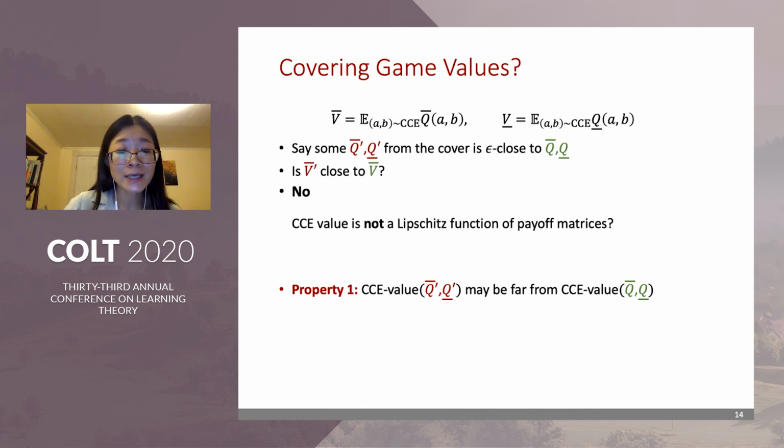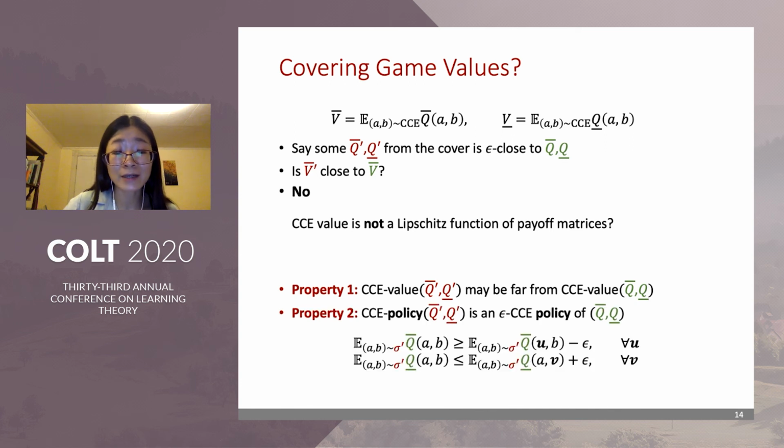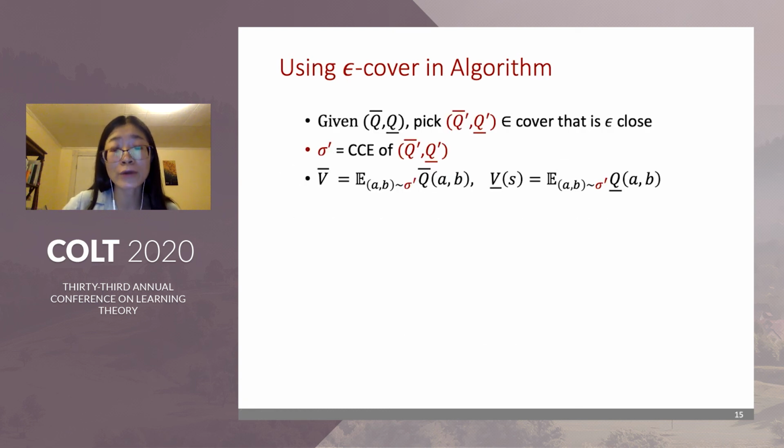Fortunately, the CCE for a general sum game has another property that seems contradictory. That is, the CCE policies of general sum games can be close to each other when their corresponding payoff matrices are close in a certain sense. And thanks to this property, it's sufficient to use the epsilon covering in the analysis.